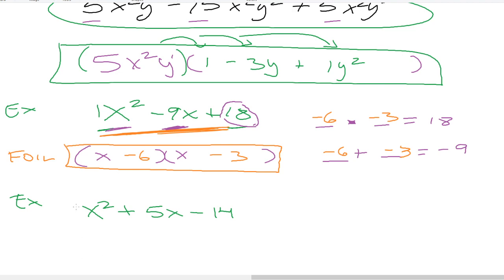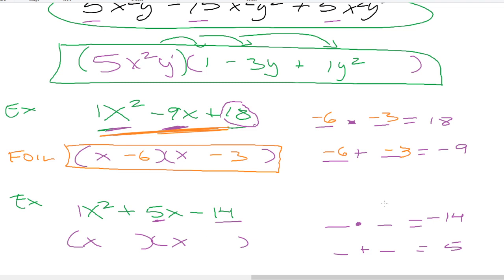Same idea. The leading coefficient is a 1. So let's go into the factors. x times x is x squared. Let's think of two numbers that when I multiply them, I get -14. But when I add them, the sum will be that middle term coefficient.